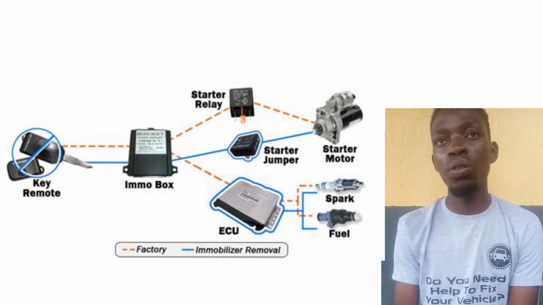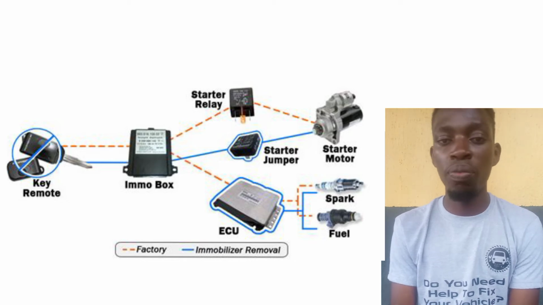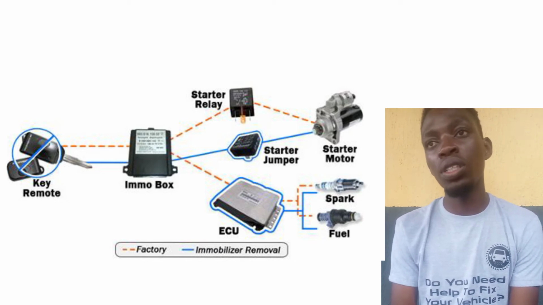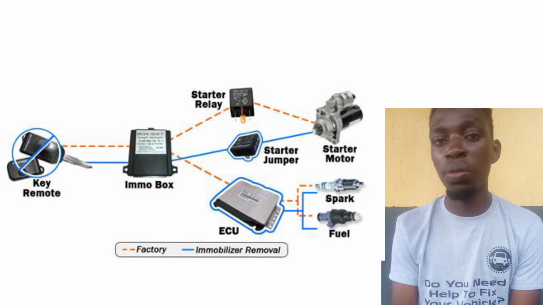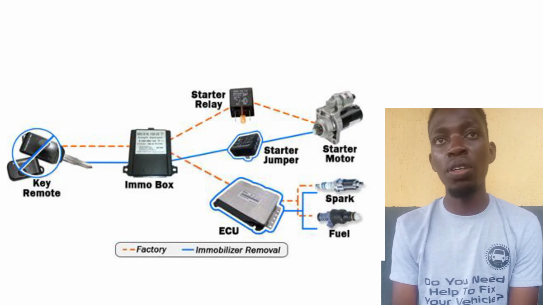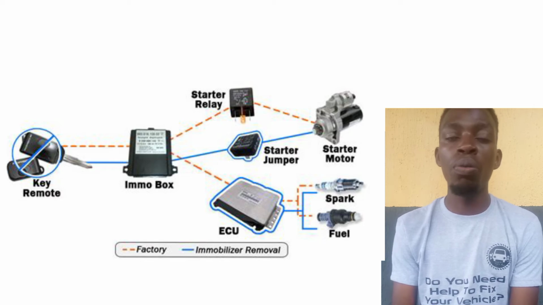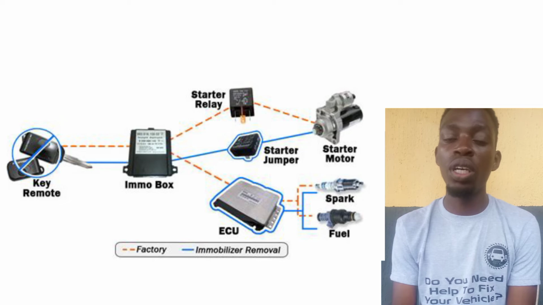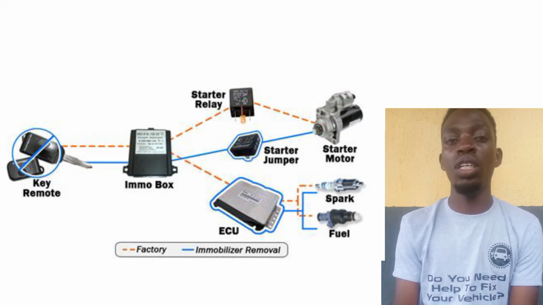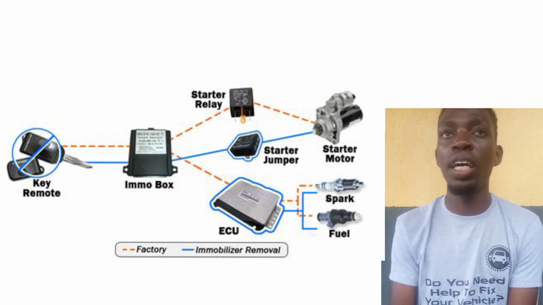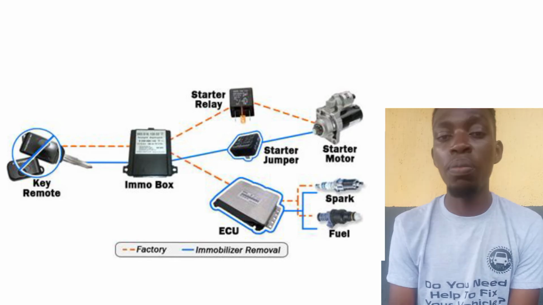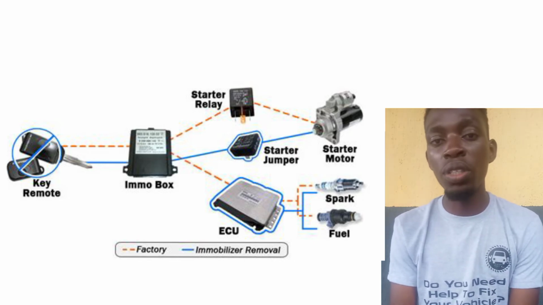That's why if you look back in time, some older model vehicles, you can just have simple key programming tools program them. But as time advances, more recent modern vehicles have more difficult security that the old key programming tools can't really program again. So you have to get the latest one.